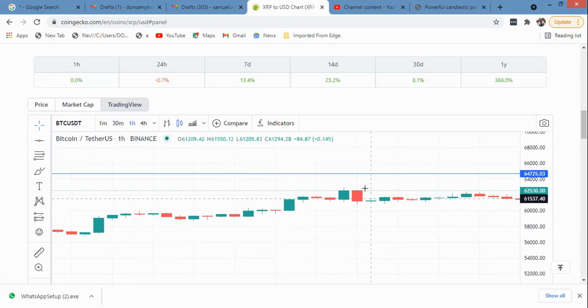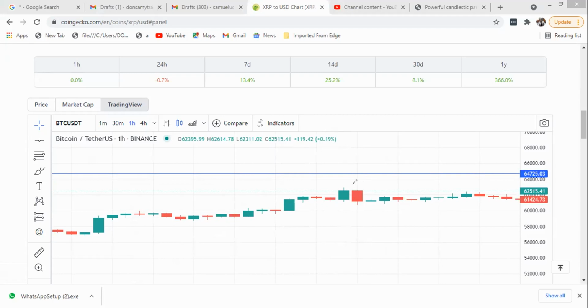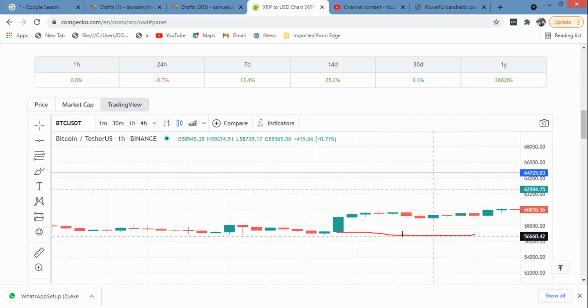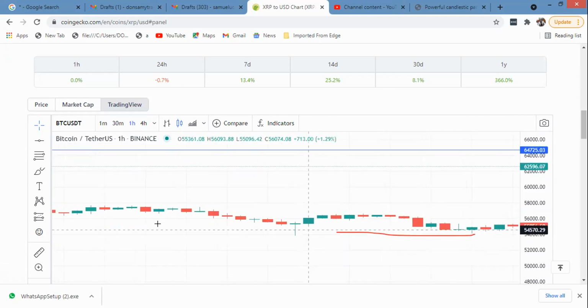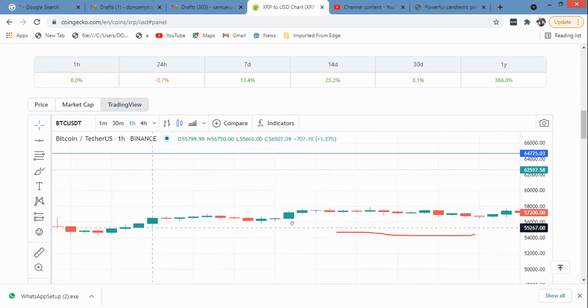Now, look at this red candle. I'm going to use this tool. This red candle. Okay, or let me look for another one. Sorry. Let me look for another one. Another good red candle that will give me what I demonstrate.